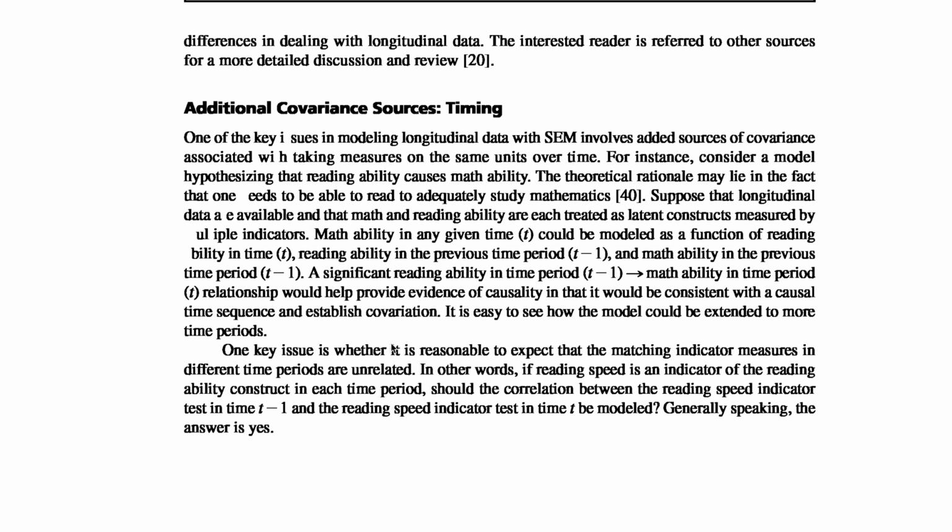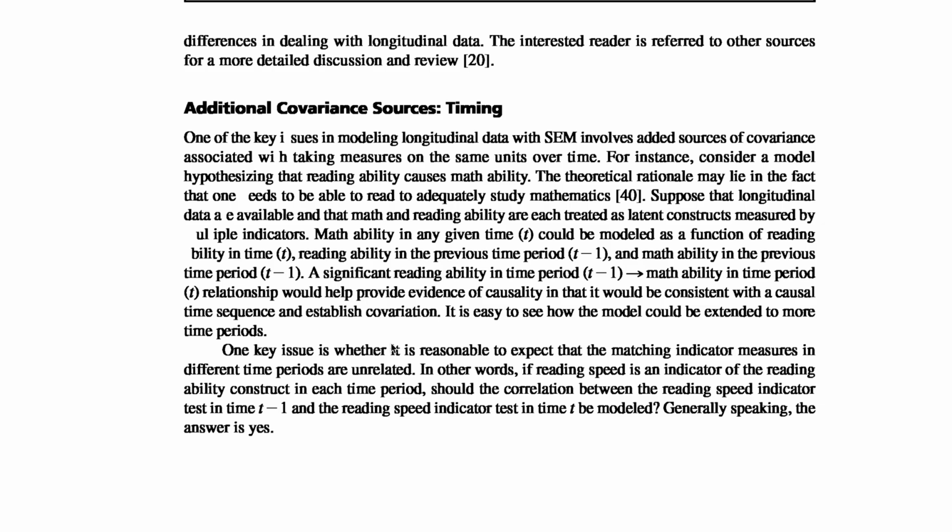Let's talk about additional covariance sources: timing. One of the key issues in modeling longitudinal data with structural equation modeling involves added sources of covariance associated with taking measurements on the same unit over time. For instance, consider a model hypothesizing that reading ability causes math ability; the theoretical reason may be that one needs to be able to read adequately to study mathematics.